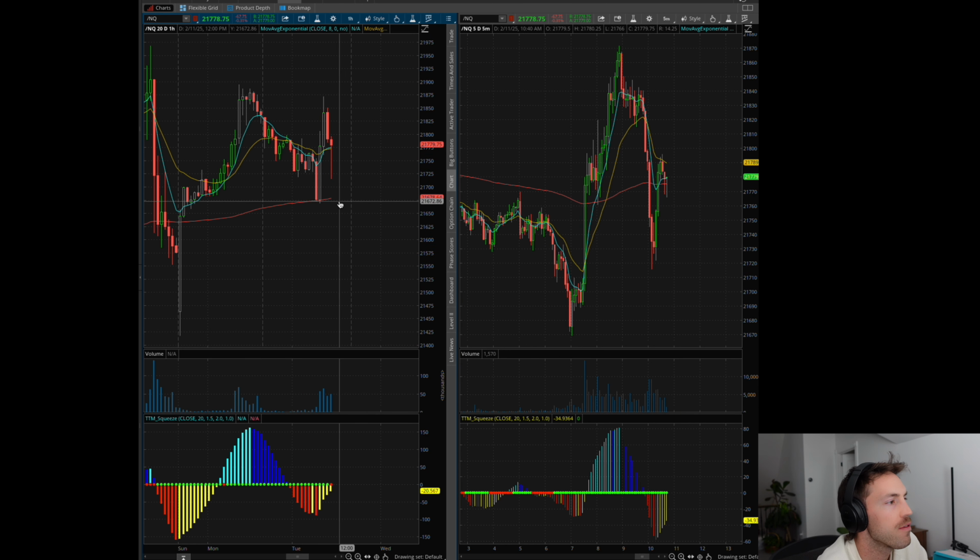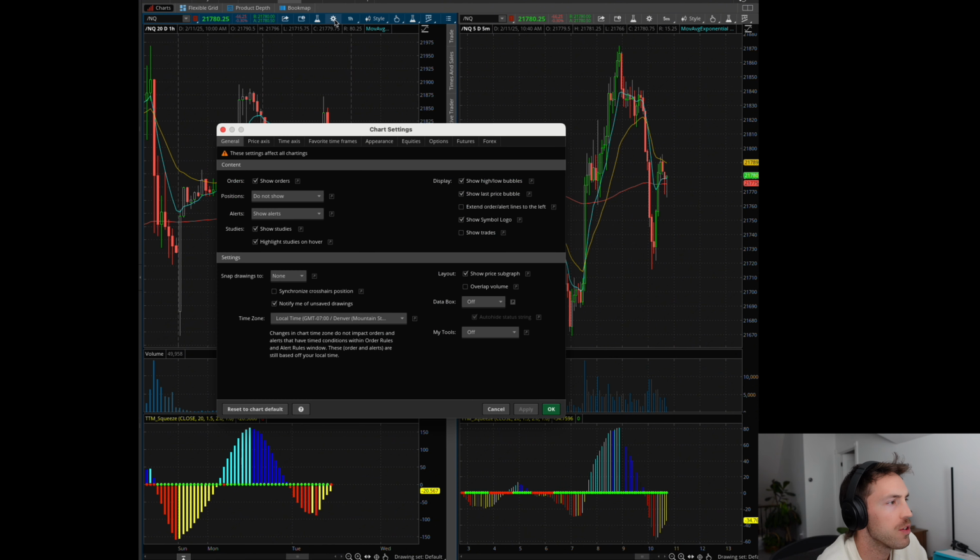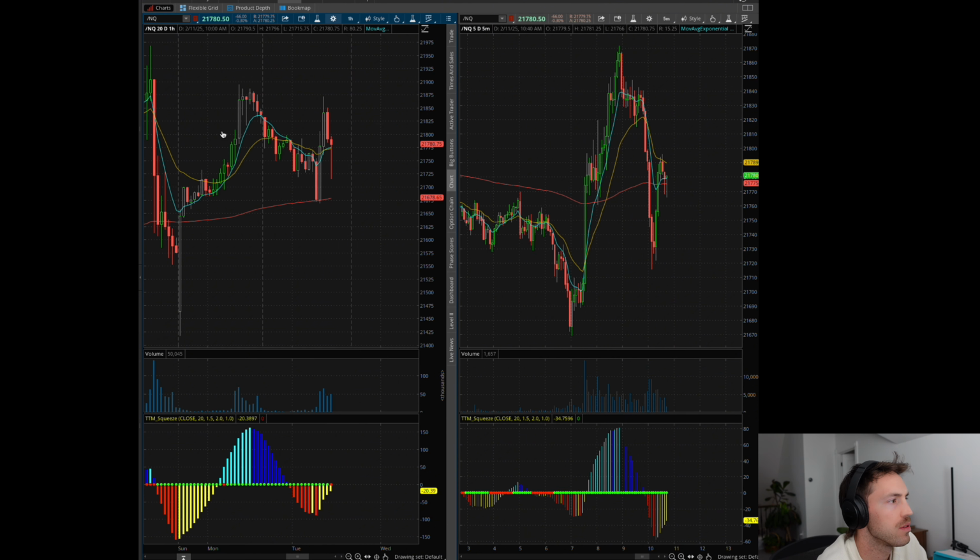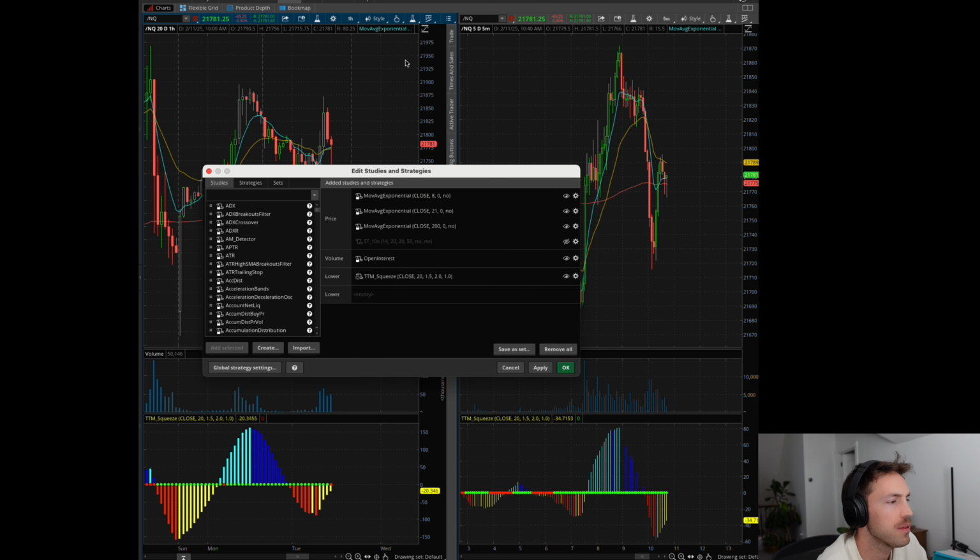First off, I want to show you what I have on my chart. I use an 8-day exponential moving average and a 21. The 8 is this blue line that you can see; it moves a little bit faster.